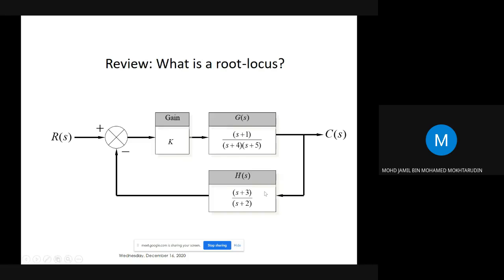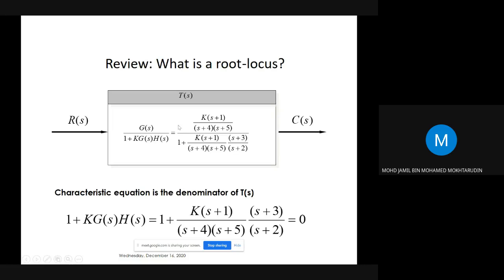So this is an example. Let's say you are given a system with a gain k, a forward transfer function G(s) and a feedback or backward transfer function H(s). The first step is to simplify the block diagram by finding the closed loop transfer function. T(s) usually represents the closed loop transfer function.